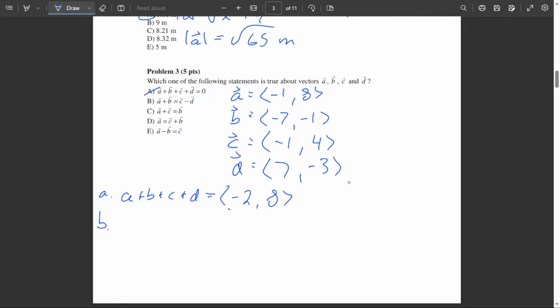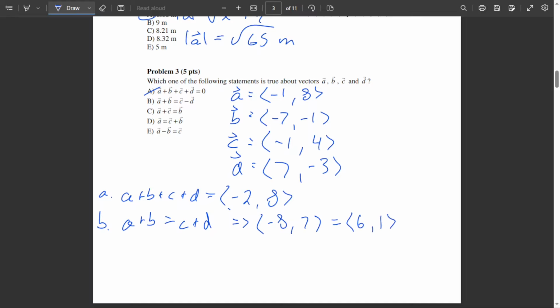B is A plus B is equal to C plus D. This gives us, let's see, A plus B is -8, 7. C plus D is 6, 1.